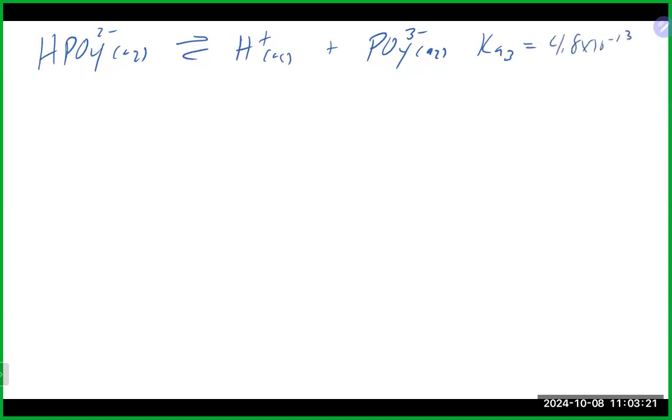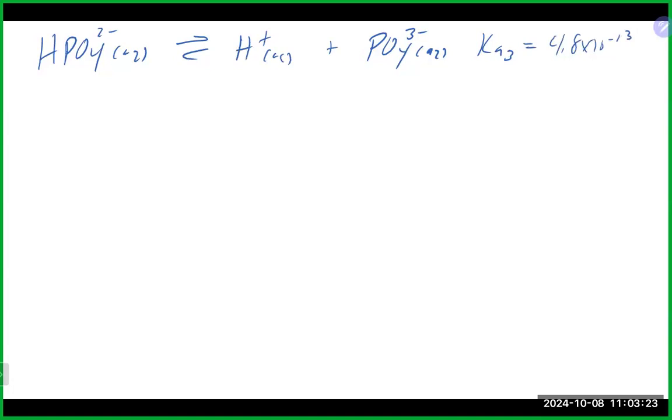HPO4 minus will lose its last hydrogen here, and that is where we will actually form the phosphate we're looking for. And this obviously would be our Ka3 value that we would get from the table. Looks like 4.8 times 10 to the minus 13.